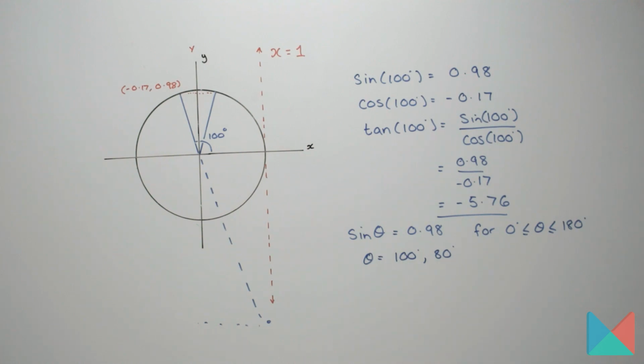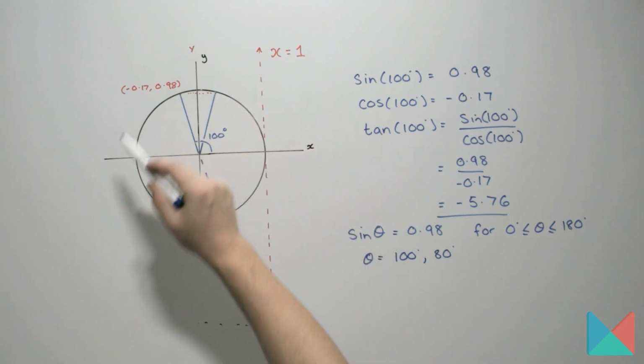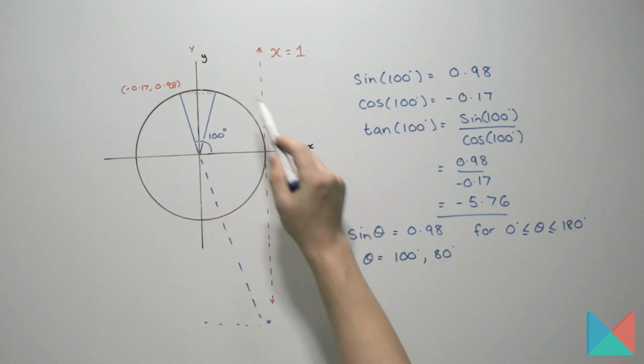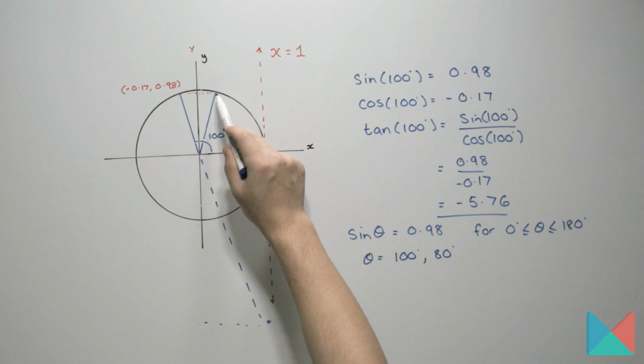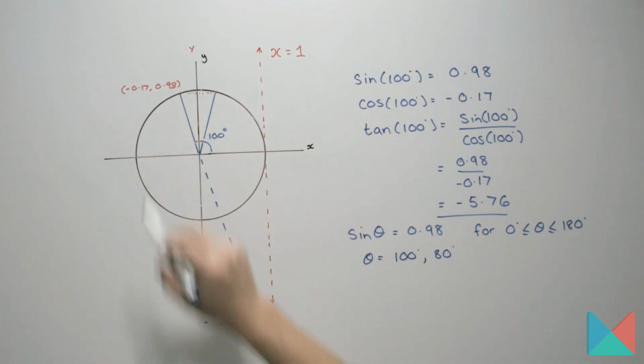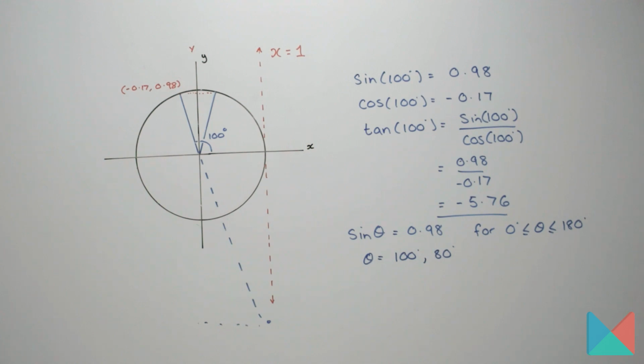But also notice that we can keep going around the unit circle past 360 and get to this coordinate again, and then go around again and get to the coordinate again, which will also give a sine value of 0.98. And so this is what this restricted domain is here for. We only want to find the valid angles of theta that are between 0 and 180 degrees.